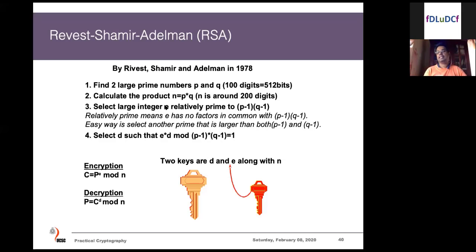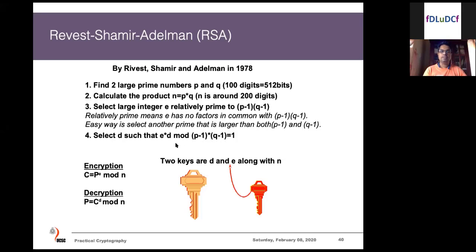So there are three prime numbers to be generated in this RSA key generation process. After that, we need to select another number D which satisfies this equation. What is the equation? E multiplied by D modulo (P minus 1)(Q minus 1) equals 1.